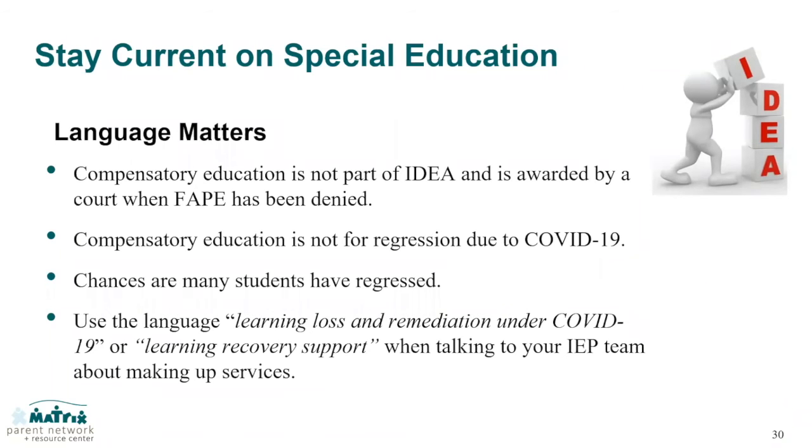Compensatory education is not a part of IDEA, the Individuals with Disabilities Education Act, and it's only awarded when FAPE, which is free, appropriate public education, has been denied. It's not for regression due to COVID-19.